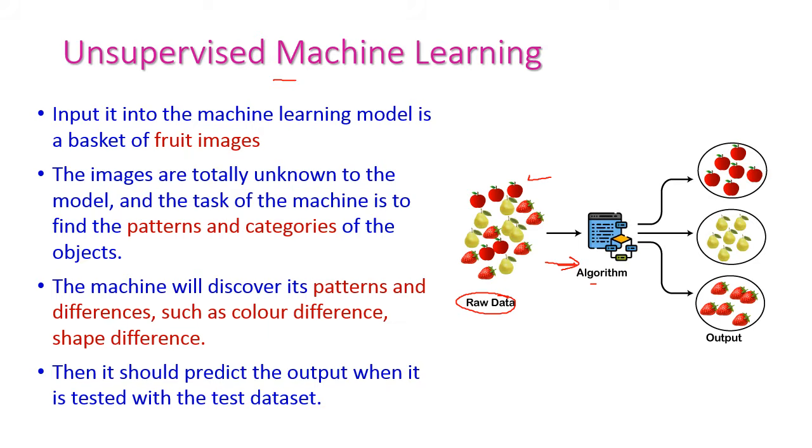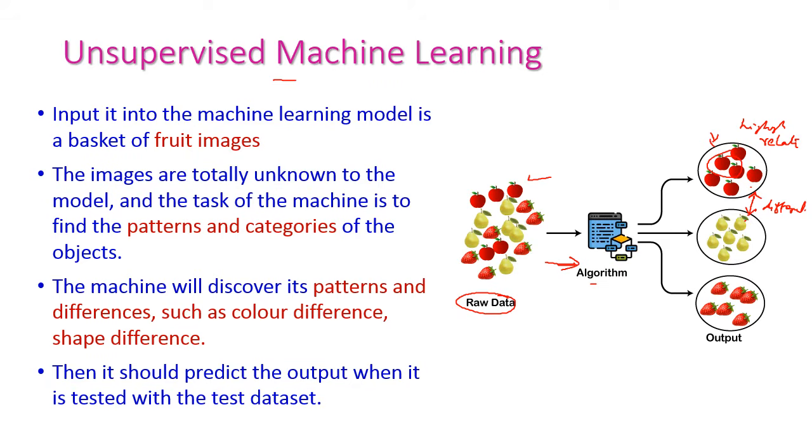The objects inside a group are highly related to each other, and the objects between groups are highly different. The difference will be very high between groups, and the relationship will be very high within a group.